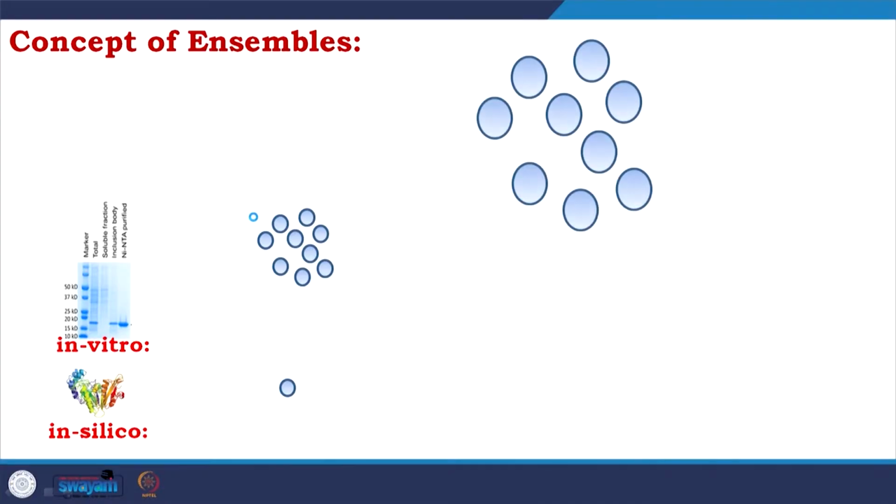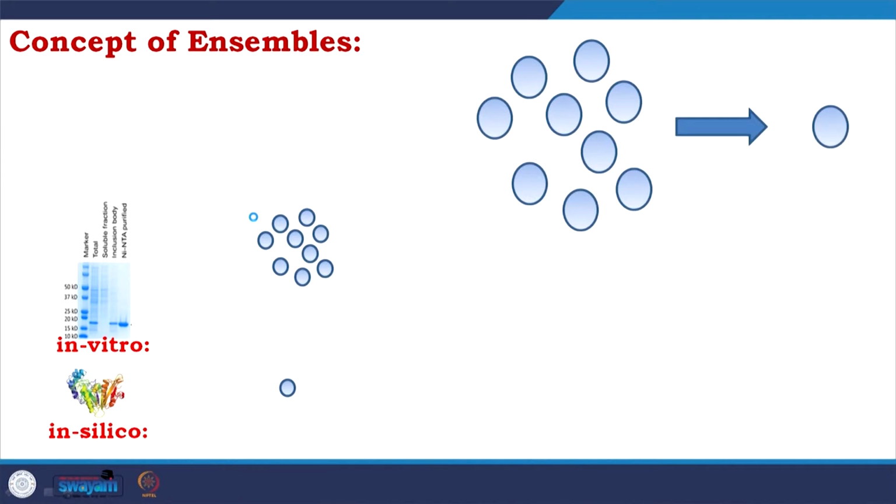So, now if we look at an in vitro system, the many molecules have a trend of behavior, and here we are taking one. So, we are actually making a journey of ensemble. I am coming to discuss it in the next slide.